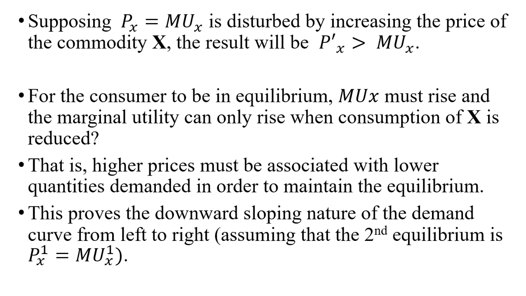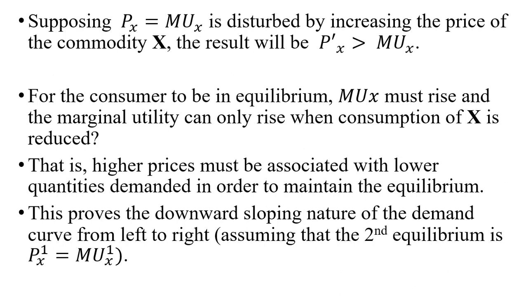It is then that the marginal utility can increase to restore equilibrium. So you can see that when the price of the commodity increases, the logical thing to restore equilibrium is that the quantity consumed must decrease. So the higher the price, the lower the quantity consumed.